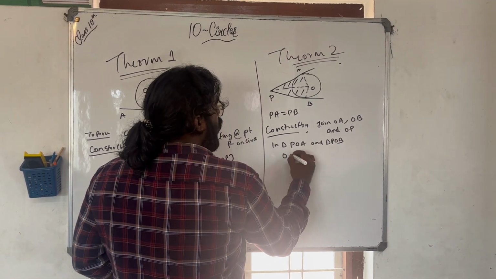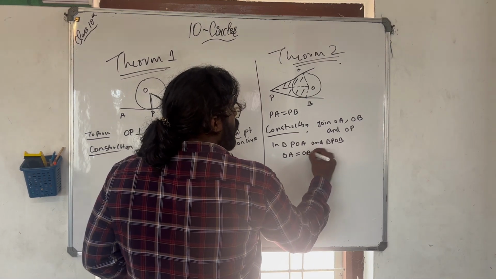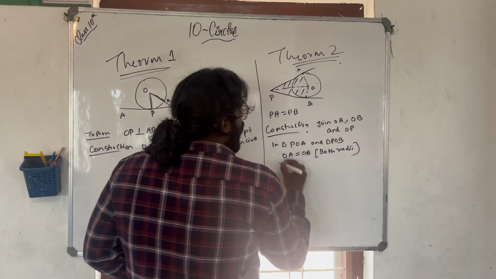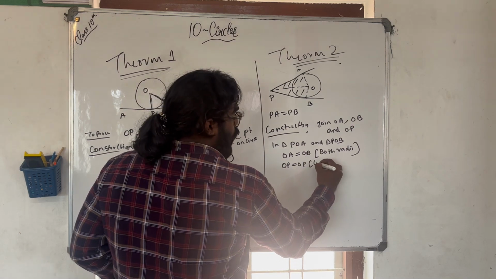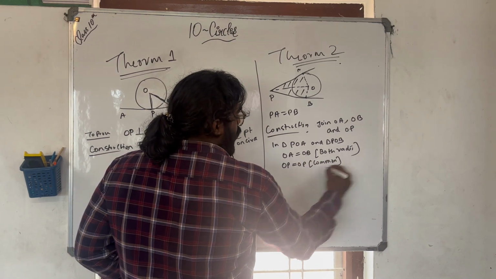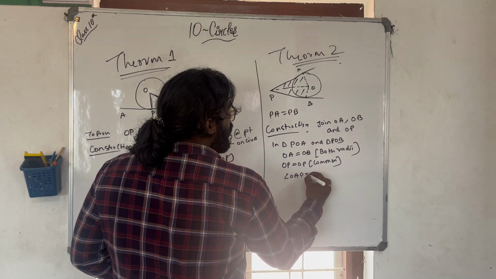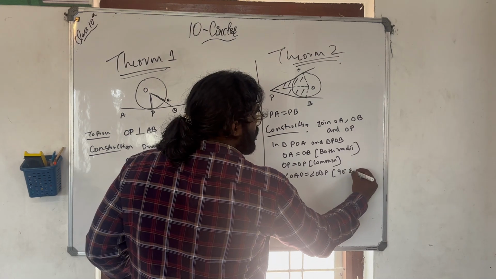I know OA is equal to OB because both are radii. Now OP is equal to OP, common. And angle OAP is equal to angle OBP. Both are 90 degrees each.